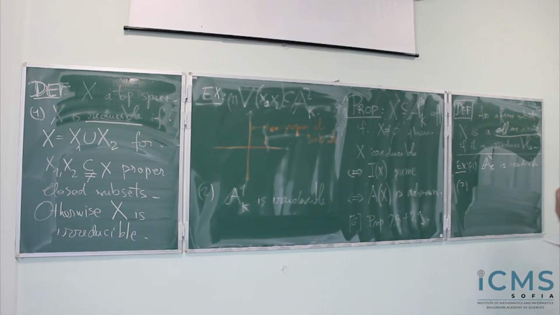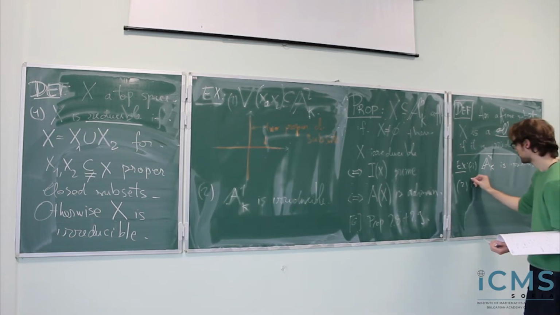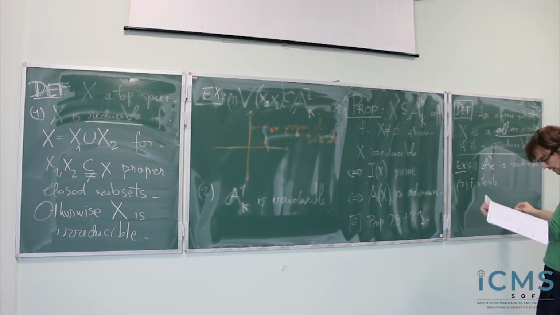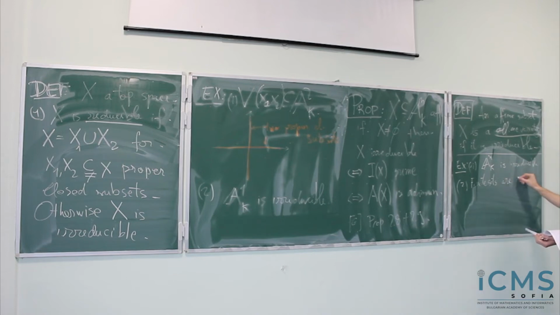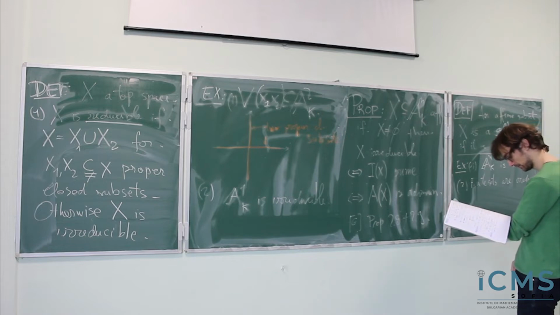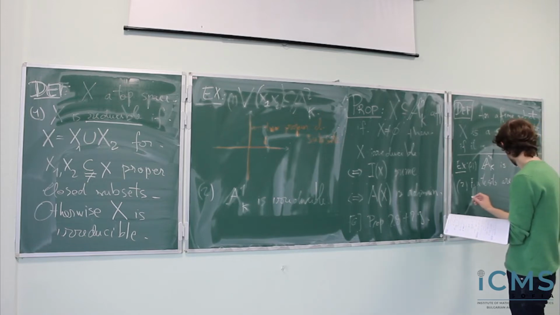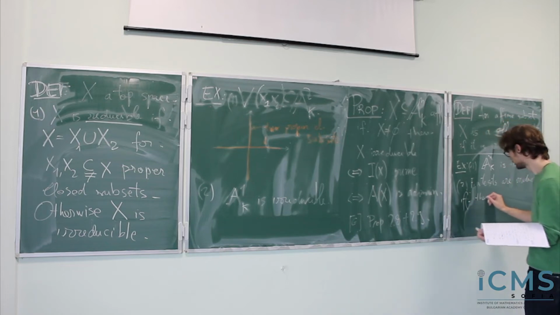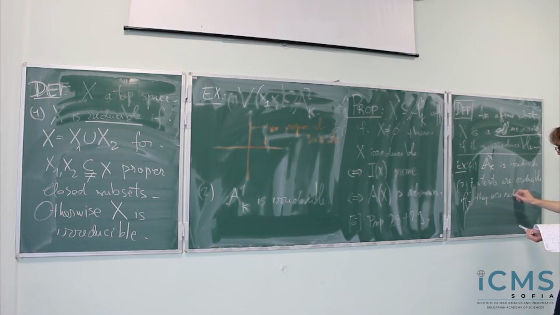So what about some finite sets? Finite sets are irreducible if and only if they are reduced to one point, a single term.